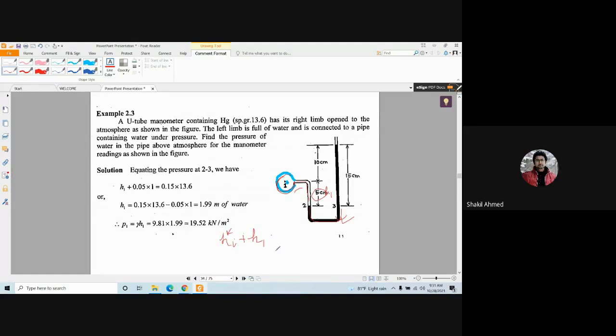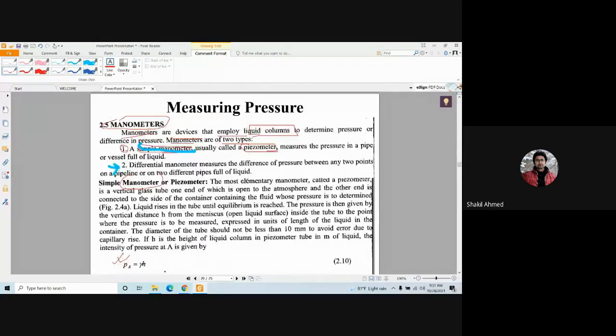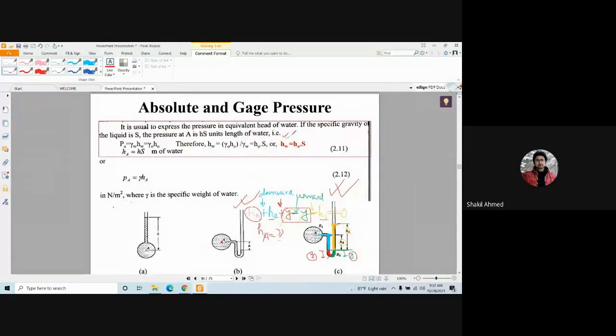And the other one. But this H1 is not water, right? So what you have to do? You have to go to that equation. Look at this. If this is other than water, then you have to multiply it with S to get it in terms of water.